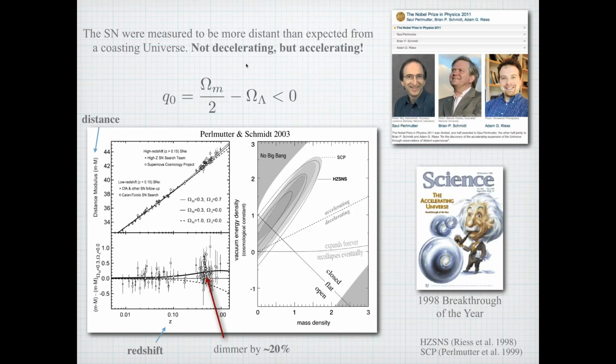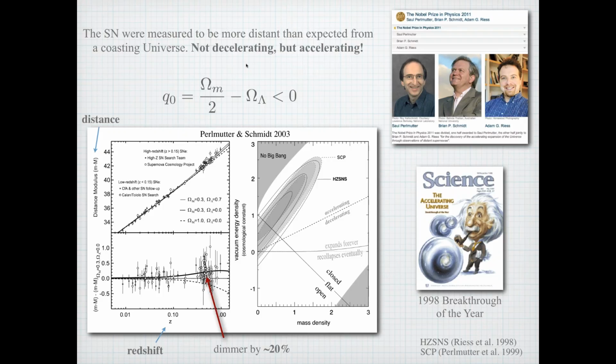The lower left figure is a plot that was made by Perlmutter and Schmidt in 2003. If you look at the bottom panel of that Hubble diagram, you see that the points at the higher redshifts, between z of 0.03 and 1, are on average slightly above the horizontal dotted line.